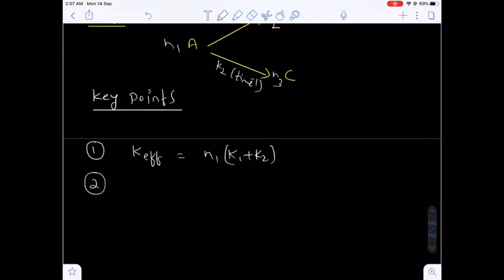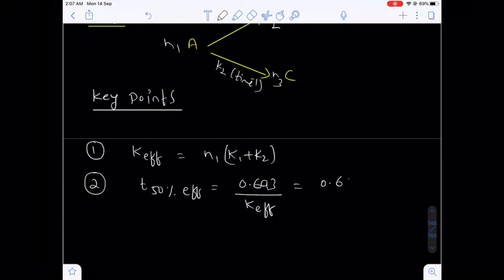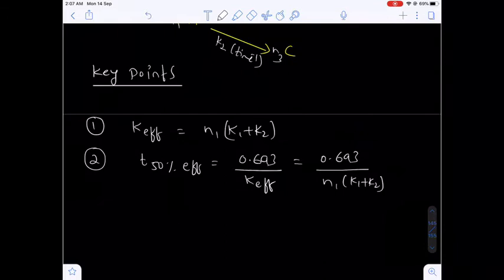Number 2: what is the T50 effective, that is, the overall reaction half-life? It equals 0.693 by K effective, where K effective equals N1 into K1 plus K2. This is the second important point.